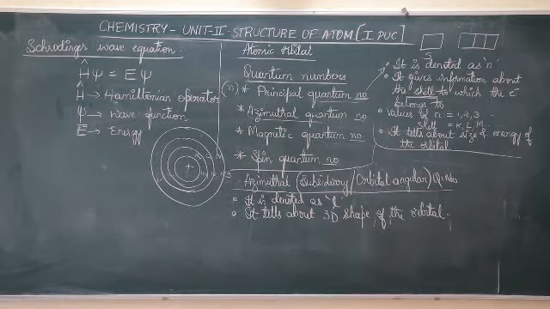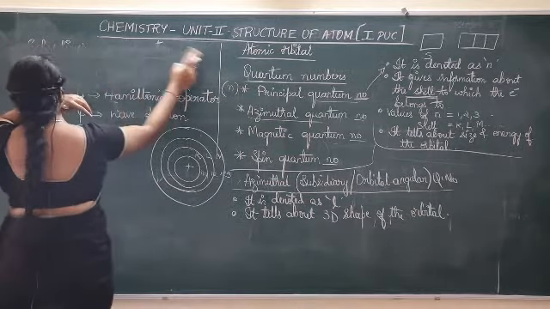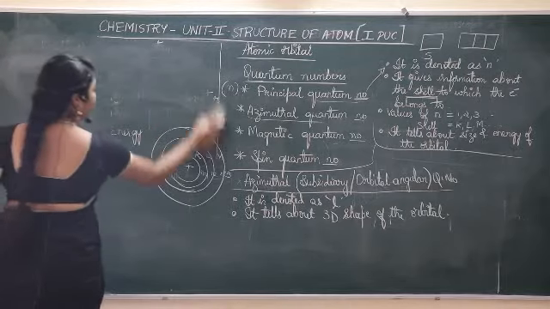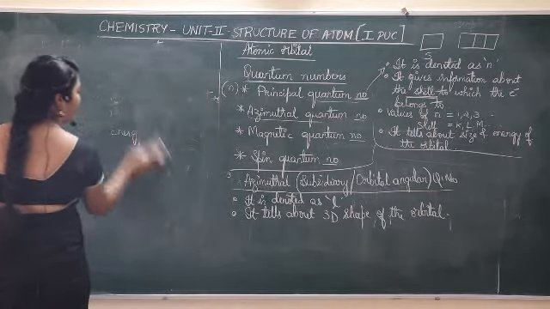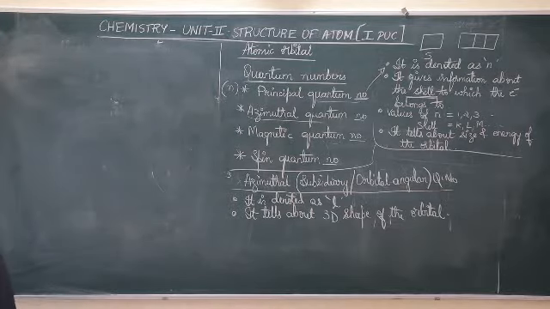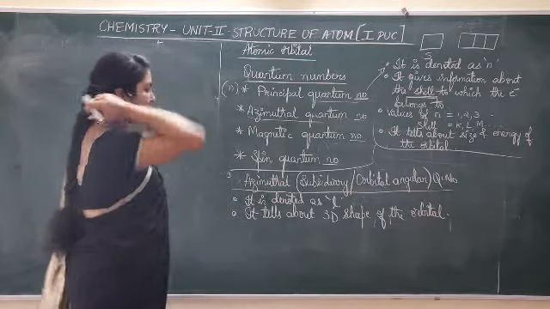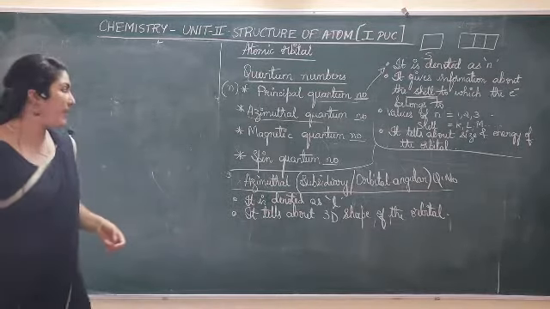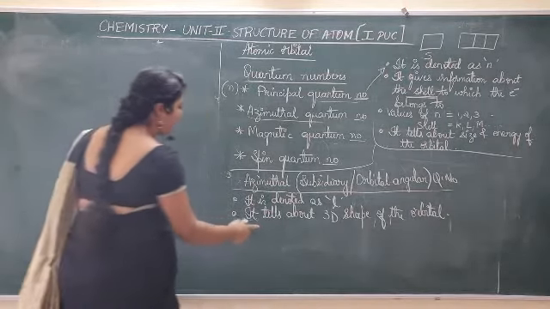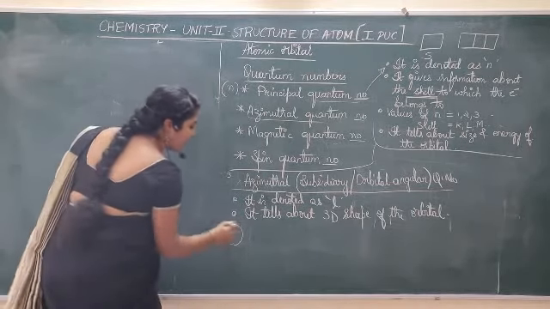You know how? See, for S orbital, we say that the shape of S orbital is spherical.